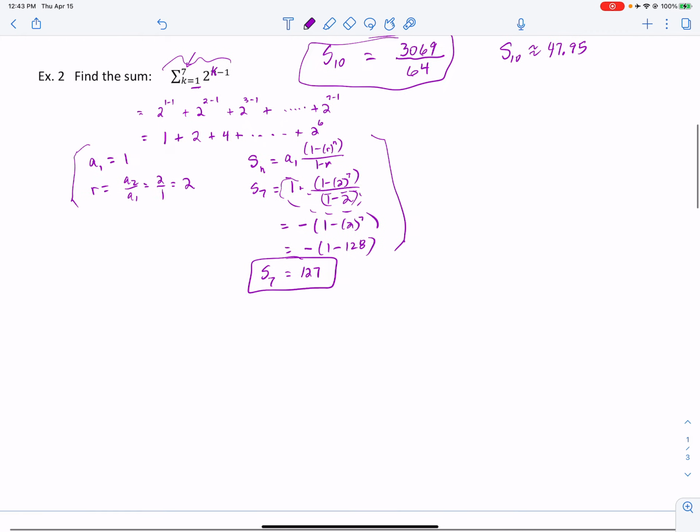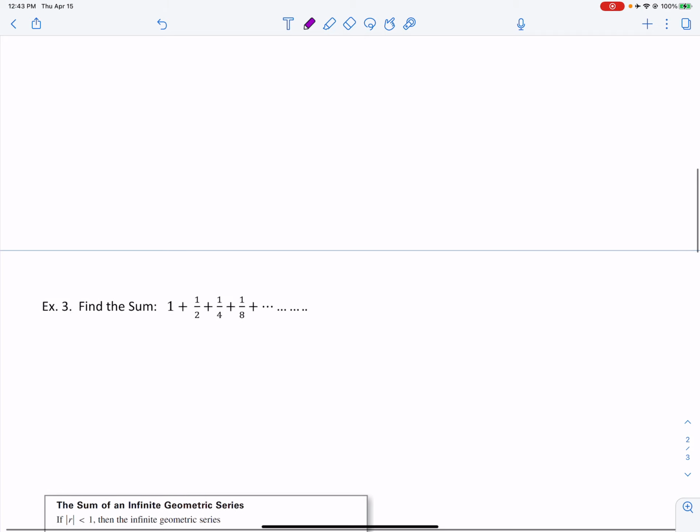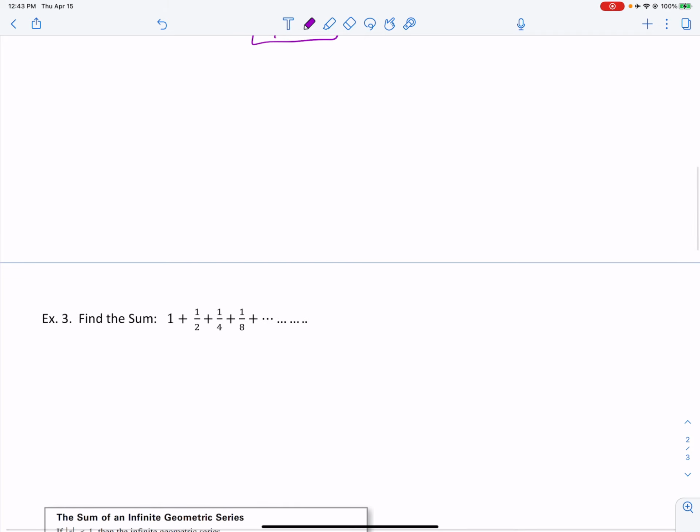All right. Example 3. In this one, we have what we call the sum of an infinite geometric series. And if you start adding 1/2 over and over and over again, what we find out is that this converges.